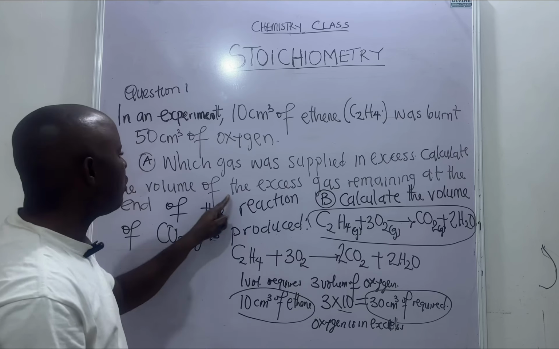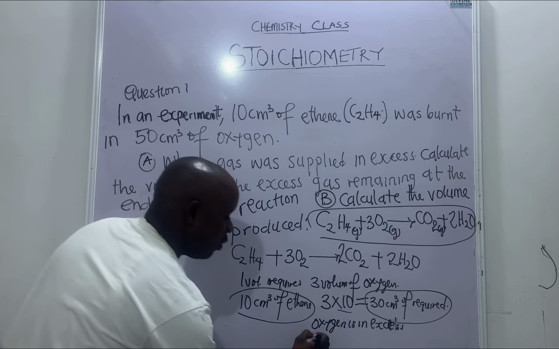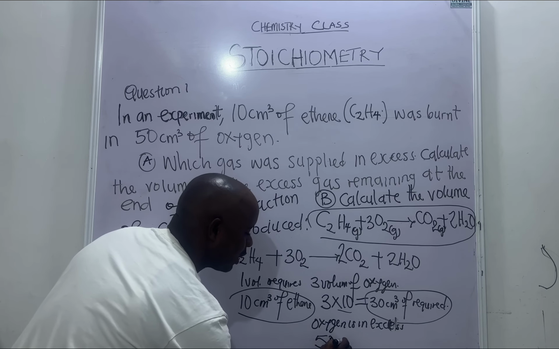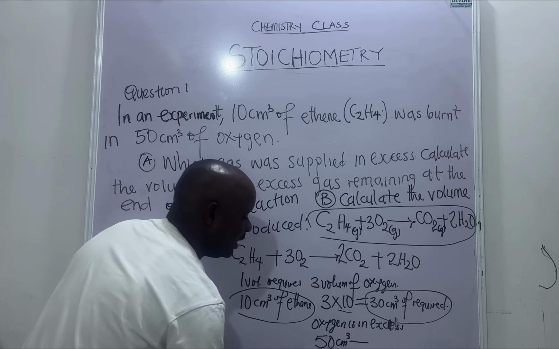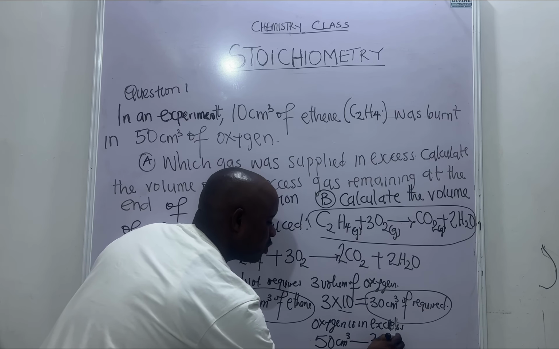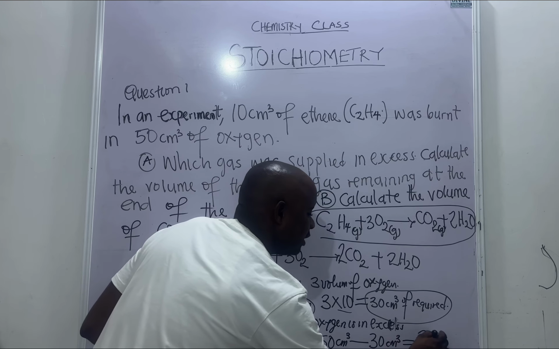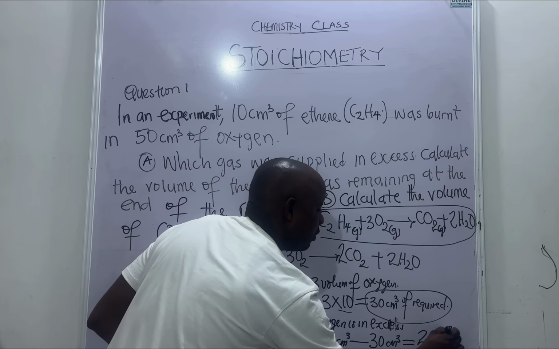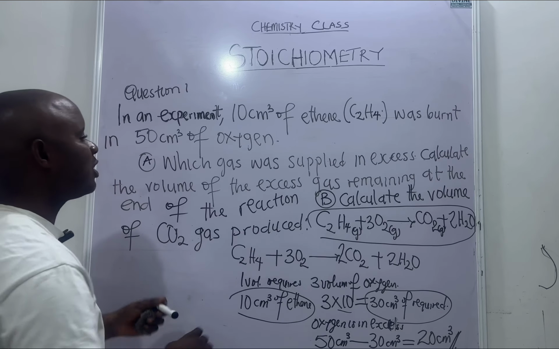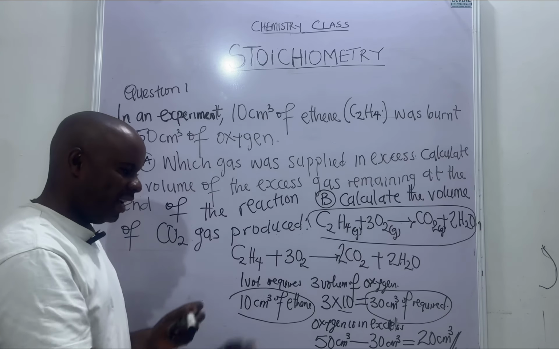Then calculate the volume of the excess gas remaining. The volume given to us is 50 cm³, and the volume needed is 30 cm³. So the volume that is in excess is 20 cm³. This question looks gigantic, but it is a very simple analogy we can use to explain this concept.